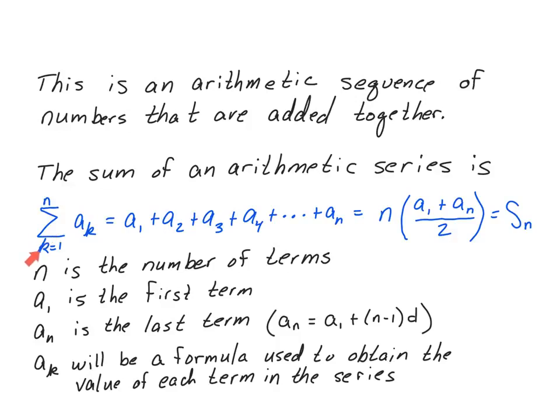And the other part, this value right here, K, is called the index. It does not have to be the letter K. Sometimes it's I or N, it depends upon what the problem indicates. But this is called your index.